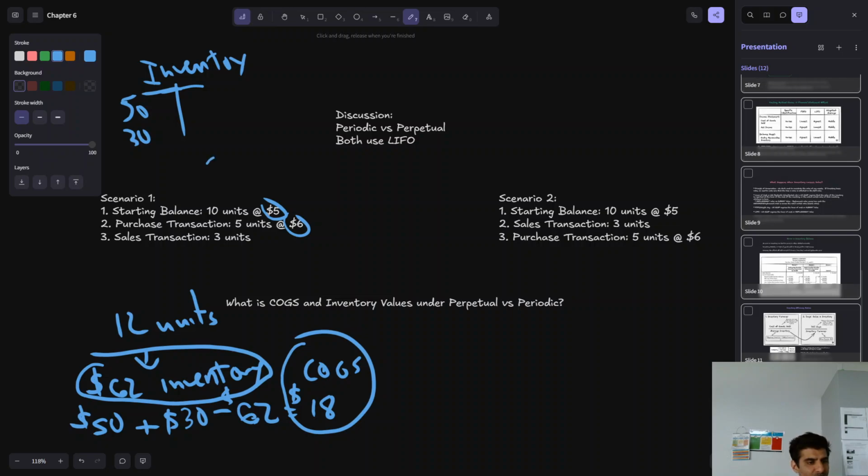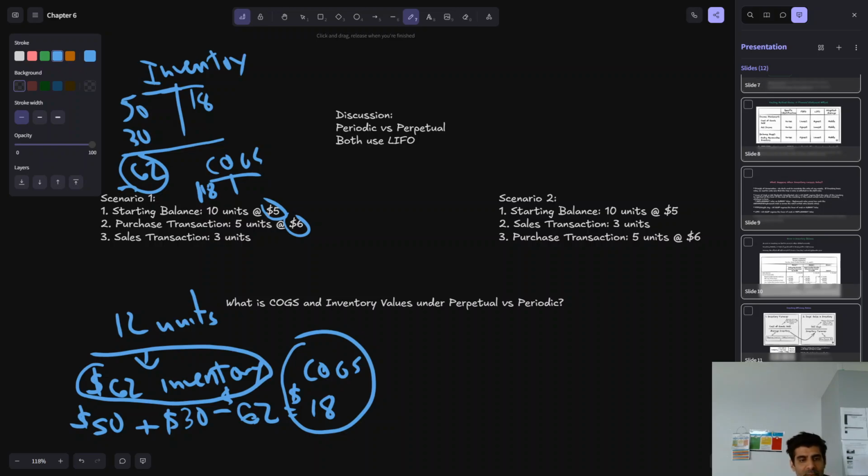Our cost of goods sold, in that case, would have been taking 3 units from the latest one. So 3 times 6 is $18. I would have had a debit to 18 and this 18. So then what is it? 80. Yeah, so it's the same, 62. Okay, so in scenario one, our periodic and our perpetual give us the same answer. $18 cost of goods sold, $62 of inventory.